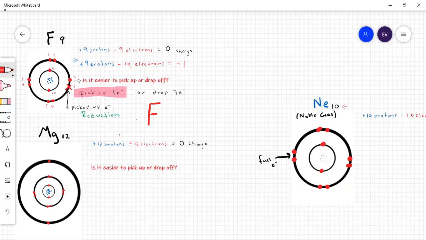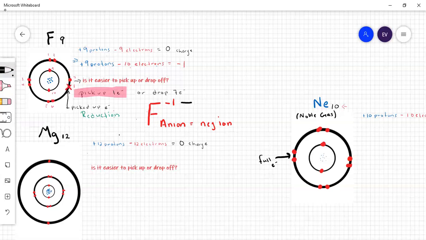In this case, fluorine is a -1. Because this is now a negative ion, it is called an anion. We call that a negative ion. It's called an anion.